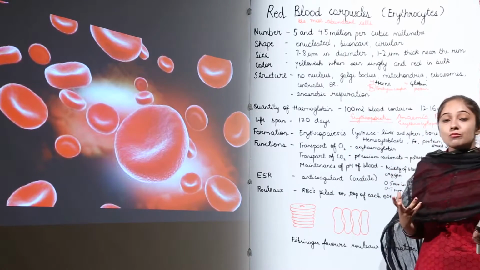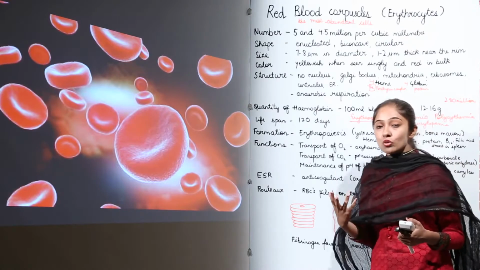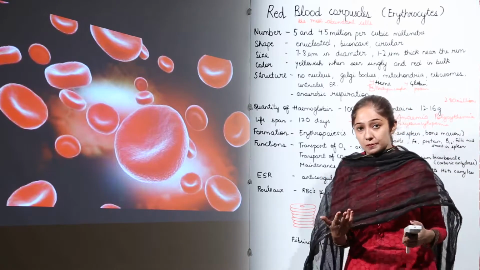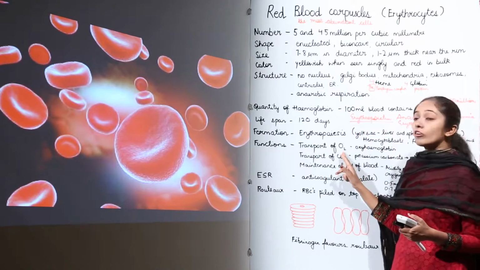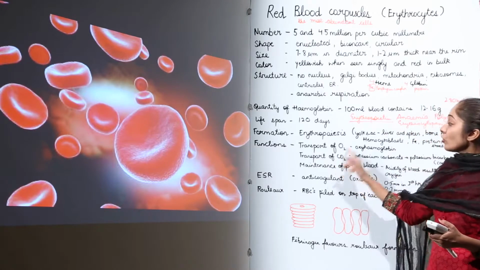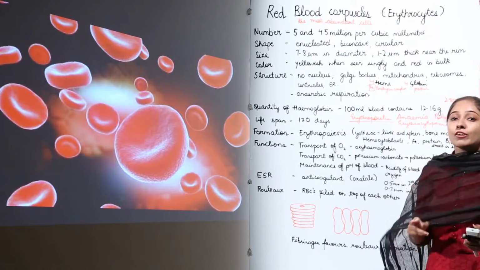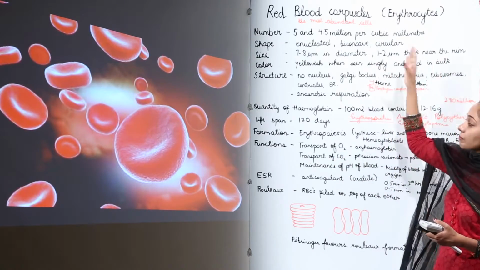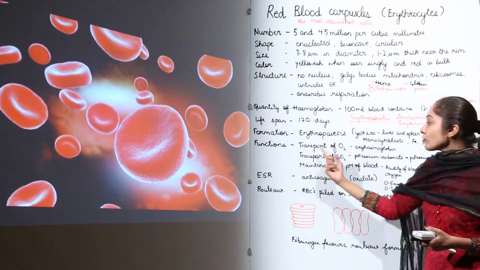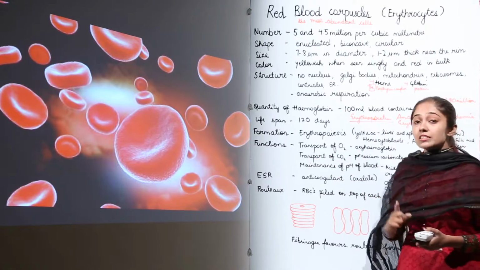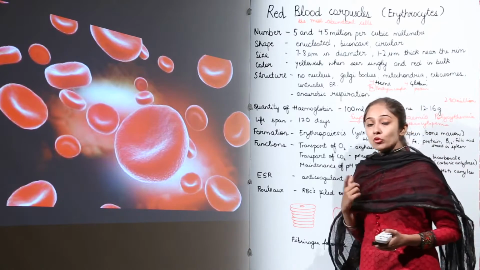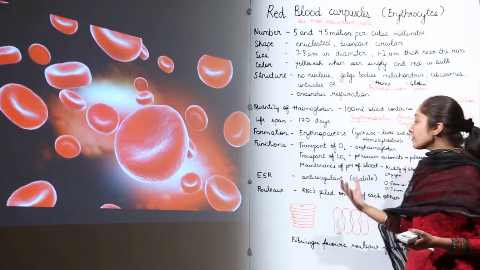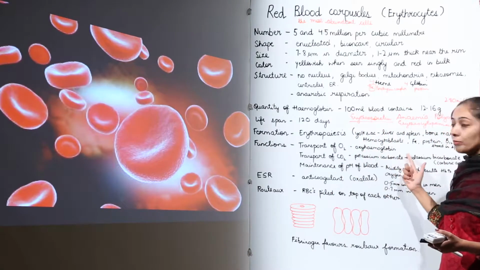This oxyhemoglobin is available for the tissues where oxidation of food takes place. So the main and major function of the erythrocyte is the transport of oxygen. This is possible because of the pigment hemoglobin, as it combines with oxygen to form oxyhemoglobin.